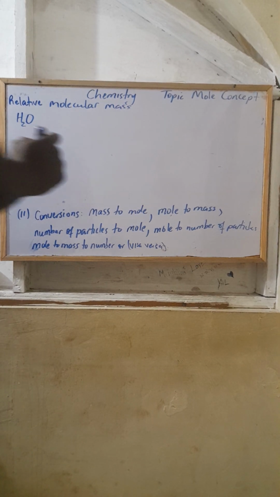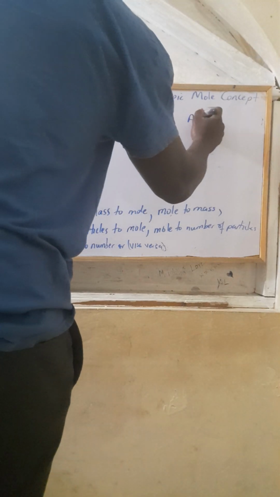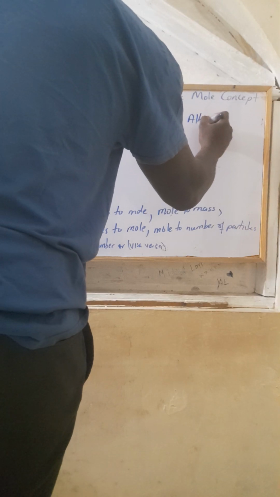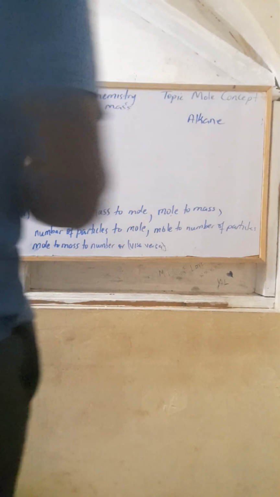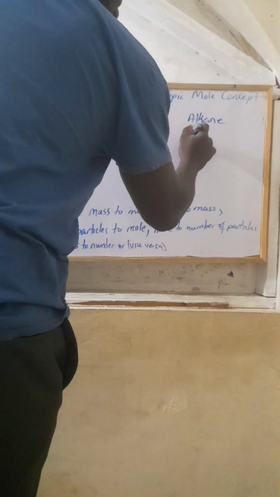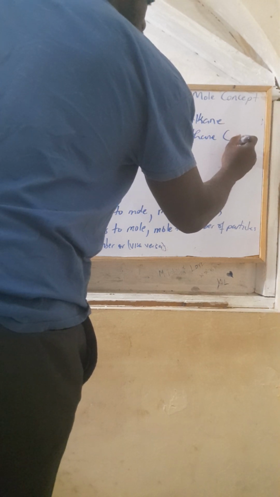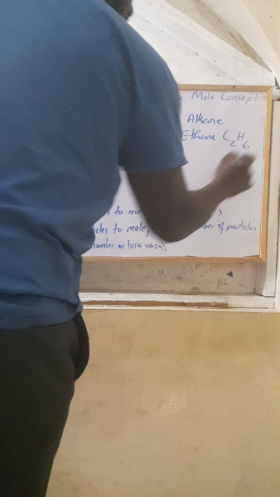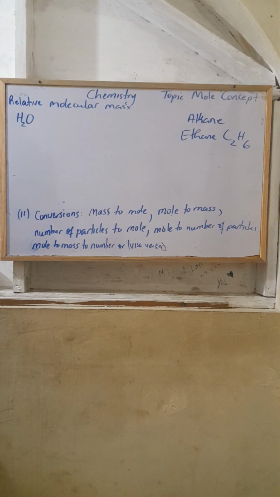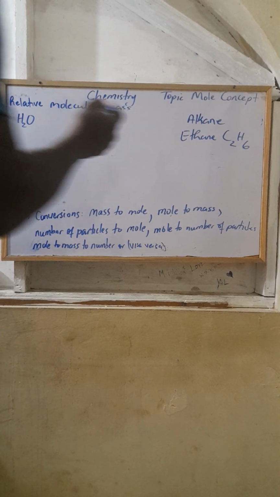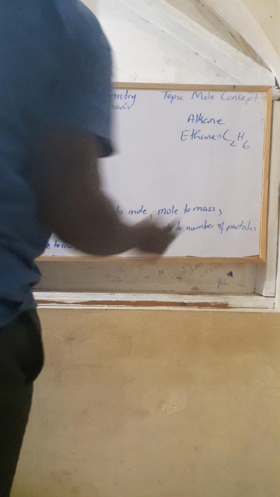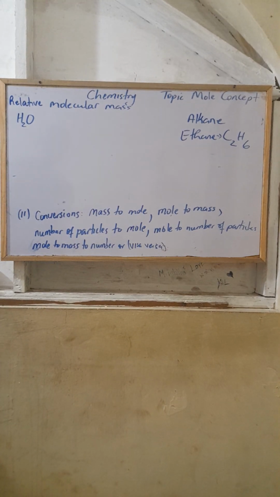And I'm going to use an alkane. The alkane that I'm going to use is ethane, C2H6. So I'm going to use these to calculate the relative molecular masses of these two covalent compounds.